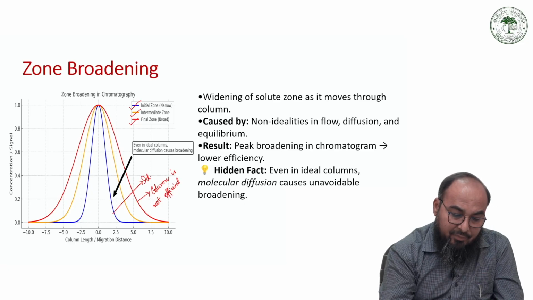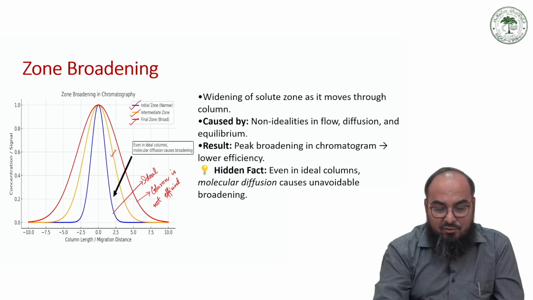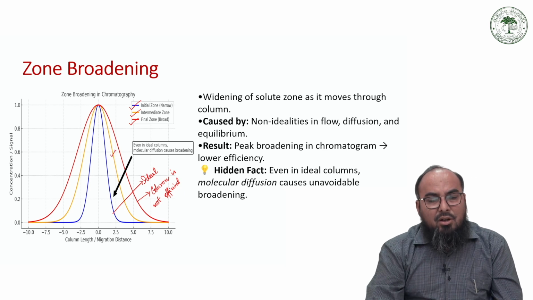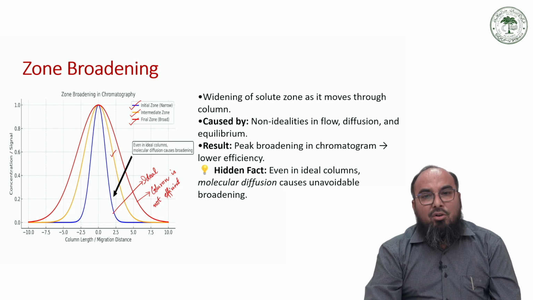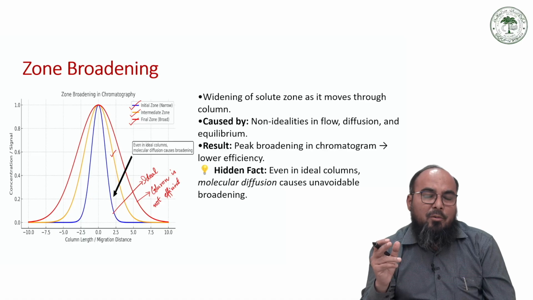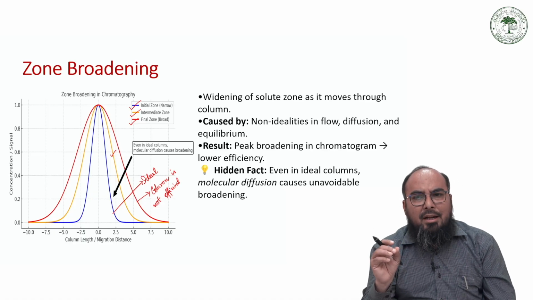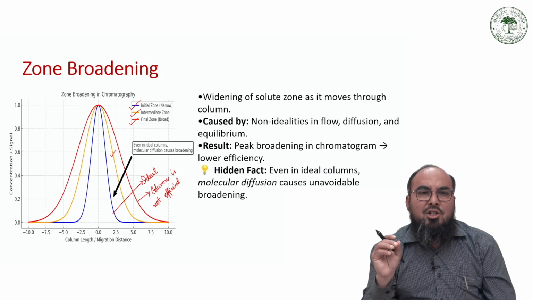In most of our experimental studies we find the broad one, because you cannot ignore the non-idealities in flow, in diffusion and in equilibrium. Although we say that at each imaginary plate there is an equilibration, it is not so.